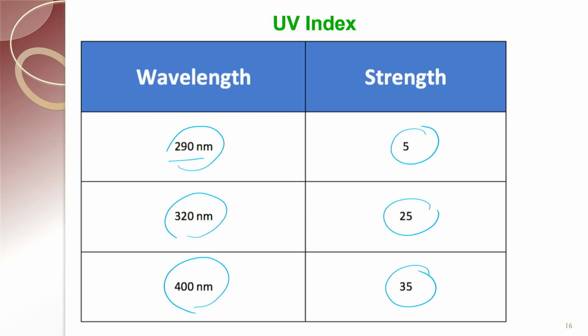So, 290's probability of reaching the earth will be less, and 320 and 400 nanometer, they will reach more. As the wavelength increases, longer waves will penetrate through the ozone layer and will reach more. So, that is why its weightage is given higher.